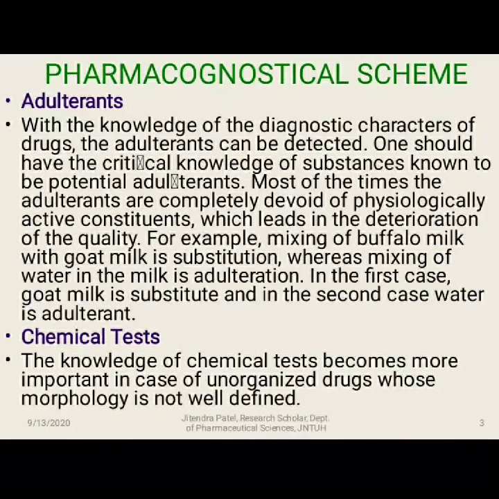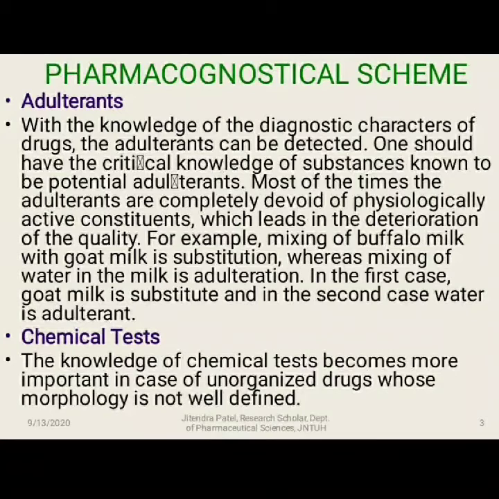So the quantity increased, and when you sell 15 liters of buffalo milk you get the price of 15 liters, whereas the 5 liters is only water. That is the adulterant, and this process is called adulteration, which is actually the malpractice going on in the herbal drug market, and even in rice grain and all other fruits and vegetables it is going on, right? Coming to the next point, chemical test.